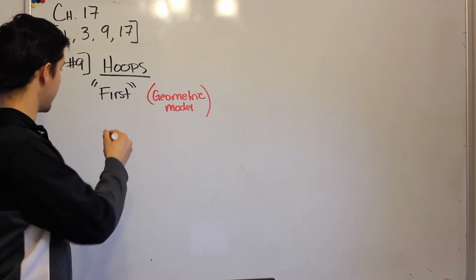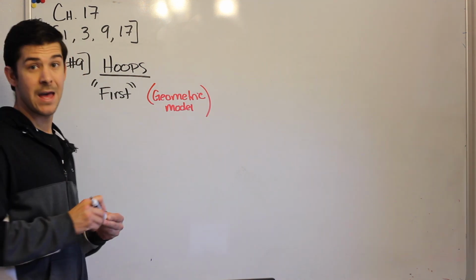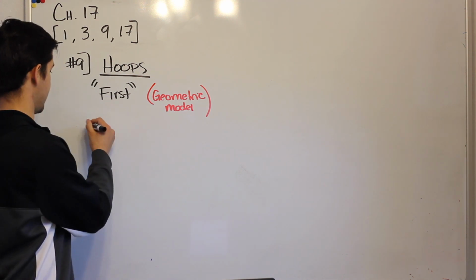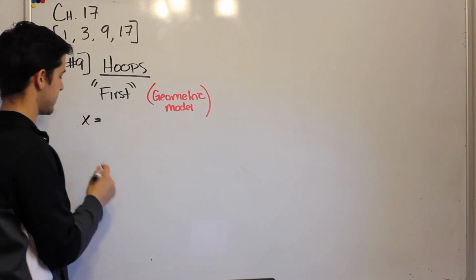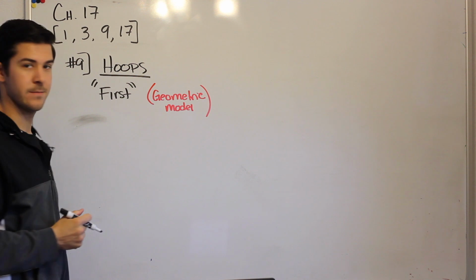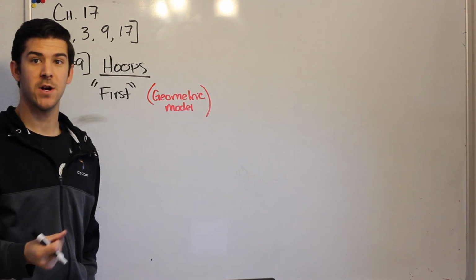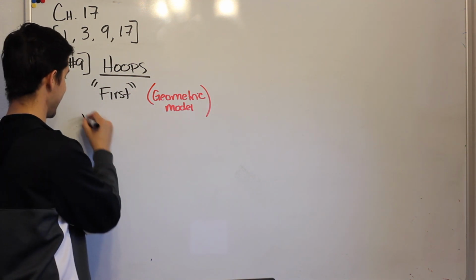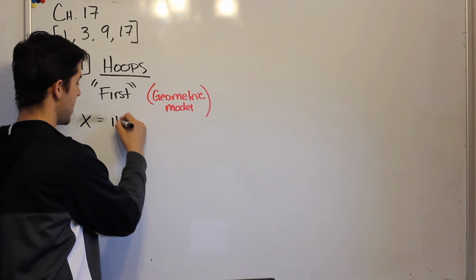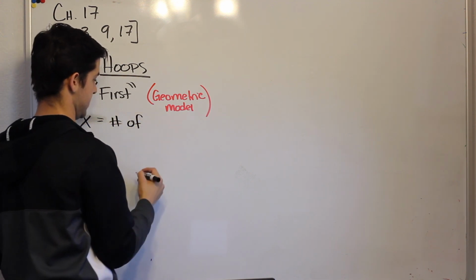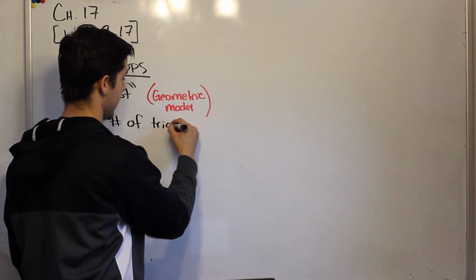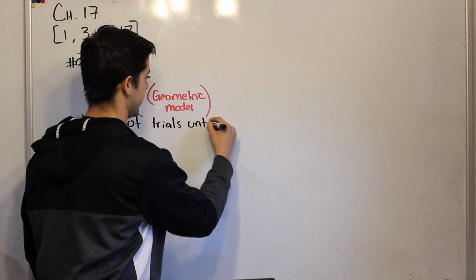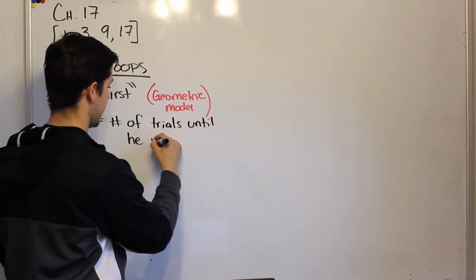So, for this problem, I'm actually going to define 2 variables here. We need to define a few variables. In this instance, X will be the number of shots, or the number of trials, until he makes a basket.